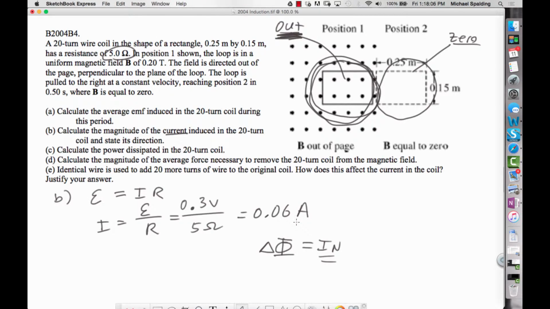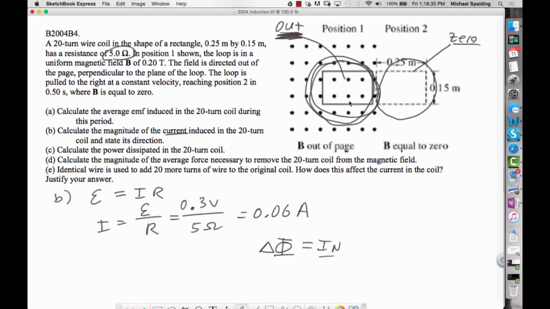So if the change of flux is in, that means the induced current in this loop must make a magnetic field that is out, right? So here's where you use right-hand rule number 2. If you put yourself right there on this loop, you want your 4 fingers curling out of the page when you're on the inside of this loop.